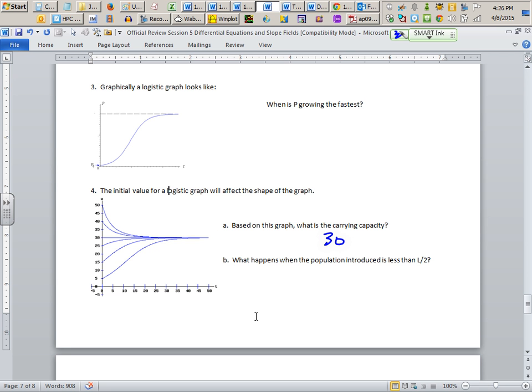What happens when the population introduced is less than L over 2? The population will increase at an increasing rate until L over 2, then increase at a decreasing rate.